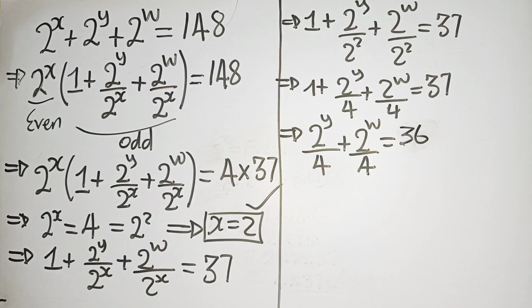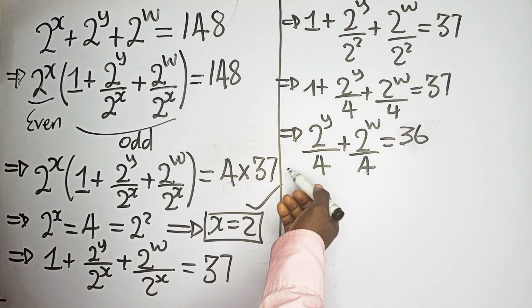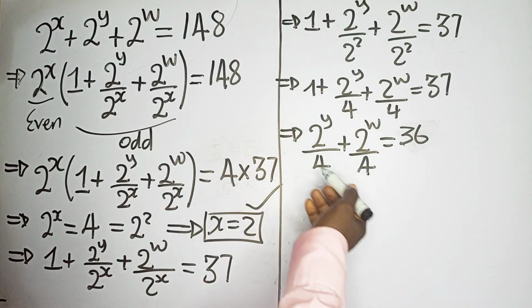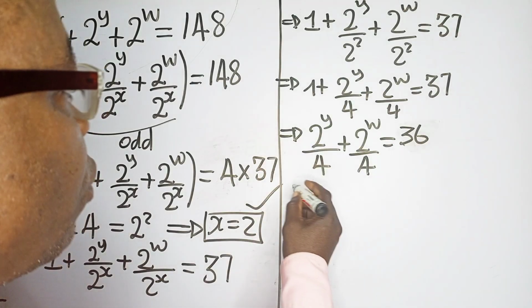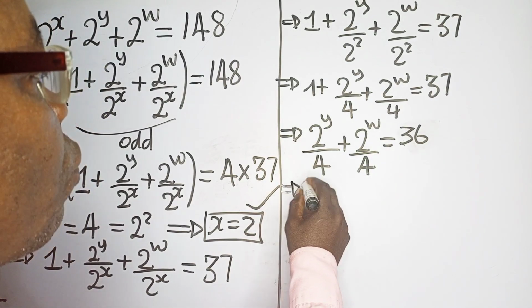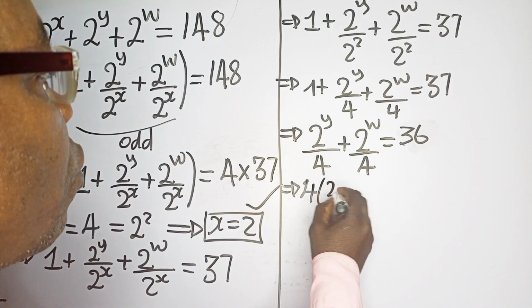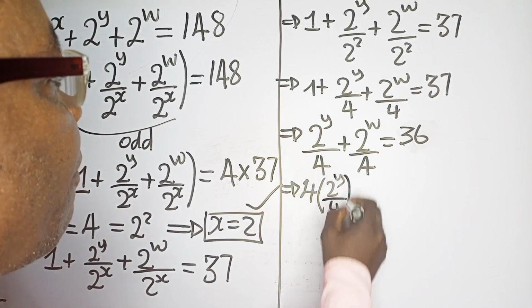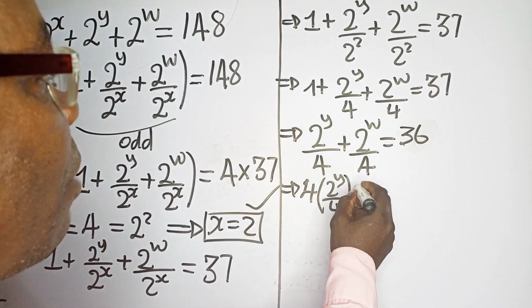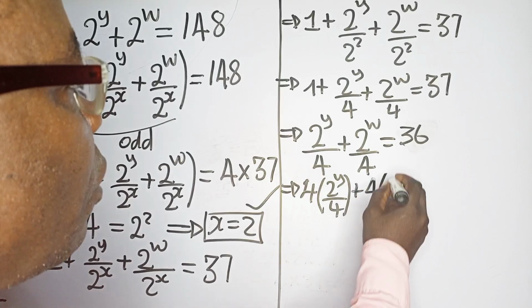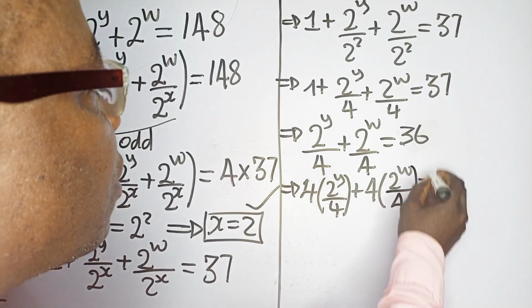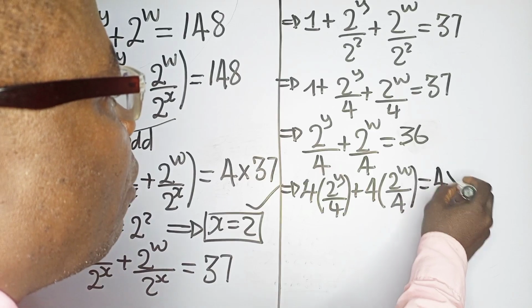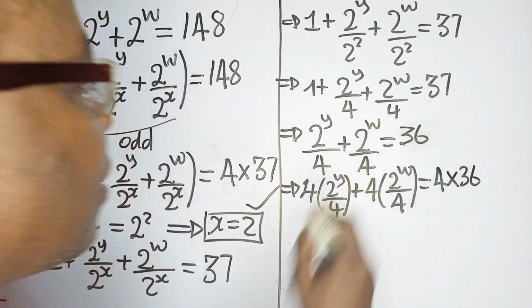All right. Now, if we multiply each expression by 4, we're going to do away with the denominators. So let's multiply all through by 4. We have 4 into 2 to the y all over 4, we also multiply this one by 4, 4 into 2 to the w all over 4, is equal to 4 multiplied to 36.